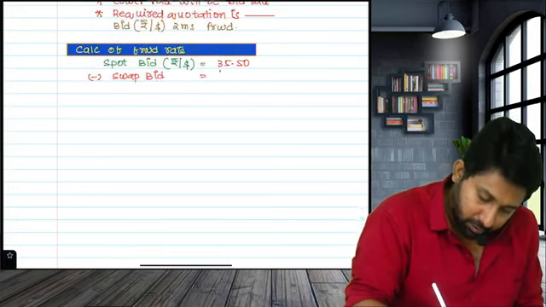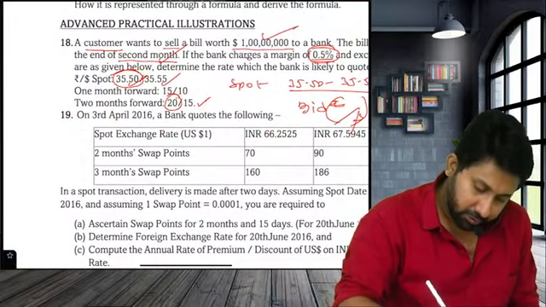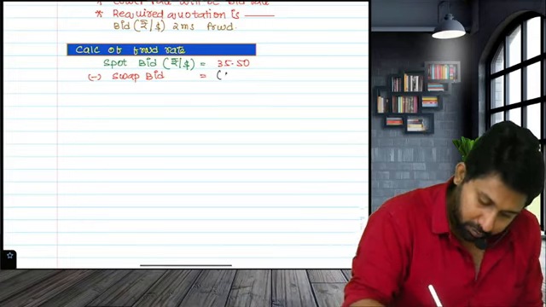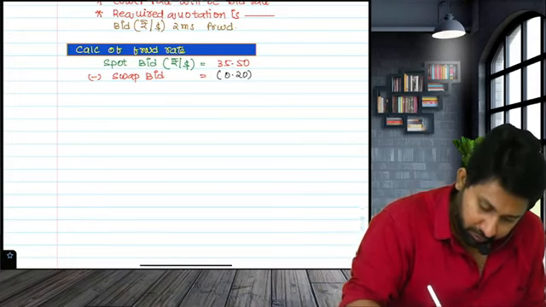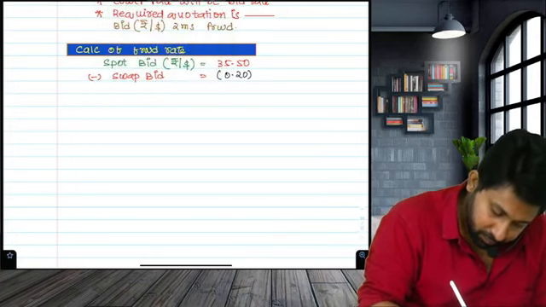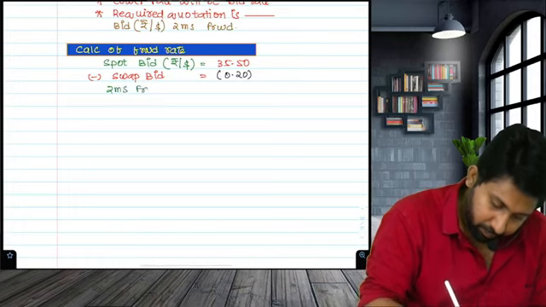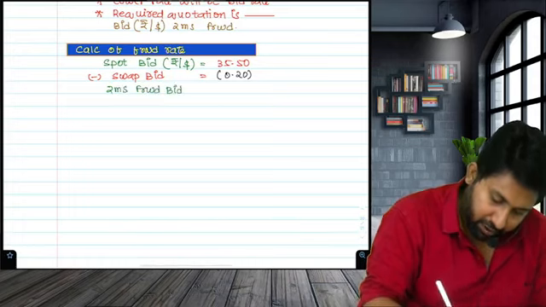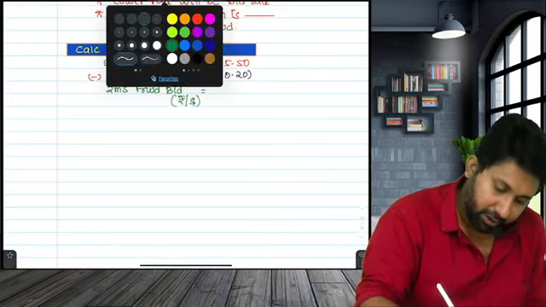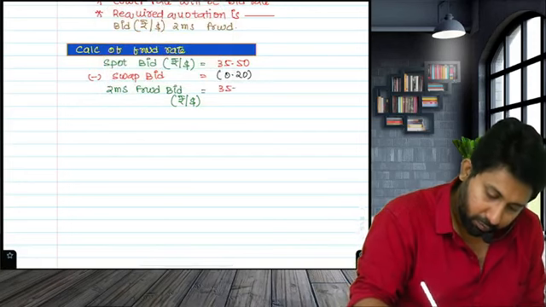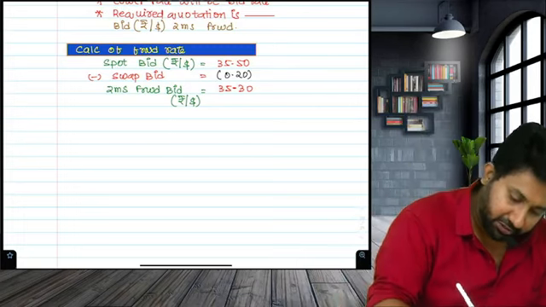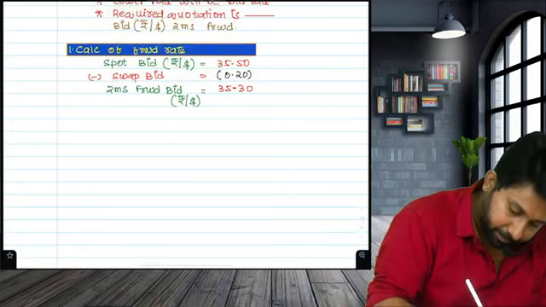How much do we need to reduce? 0.20. Two months forward bid of rupee by dollar equals 35.30. This is the forward rate. Next.